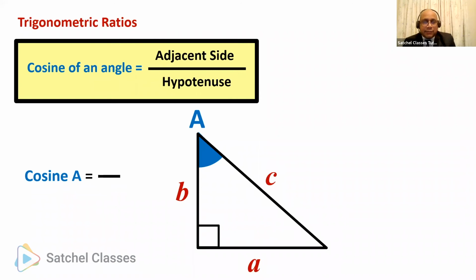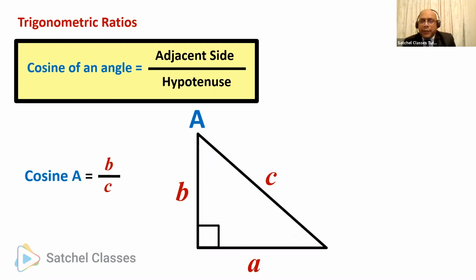As we saw earlier, adjacent side is the side which is neither opposite nor the hypotenuse. So in this case, it is the side referred to by the letter B. So small b goes into the numerator of the fraction. The denominator of cosine is hypotenuse, which in this case is C. So cosine of angle A is B divided by C.